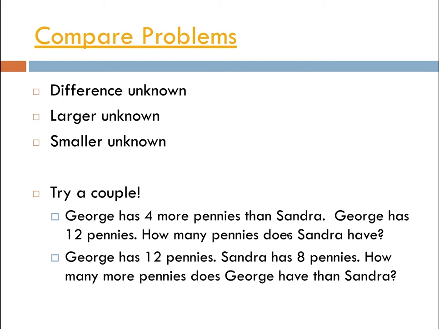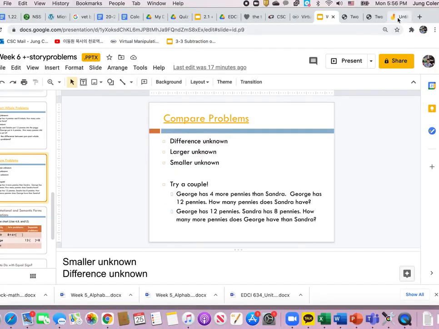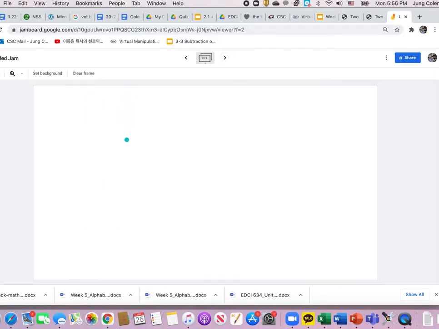You can use the bar graph and make it differently. Let me actually show you. I know you guys know how to do that. I just want to show you. Okay, so for that example, we know George has 4 more pennies than Sandra. So George's pennies is 4 more.